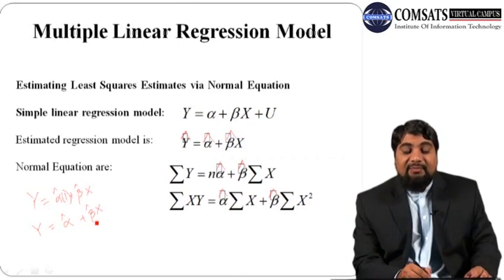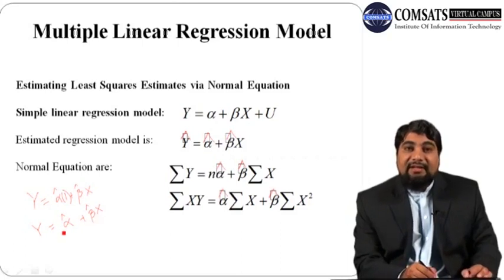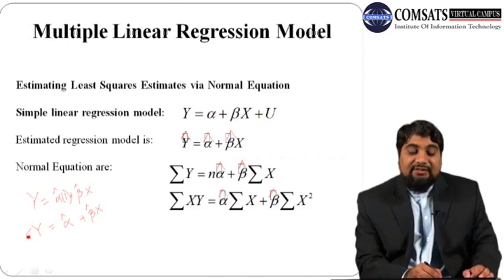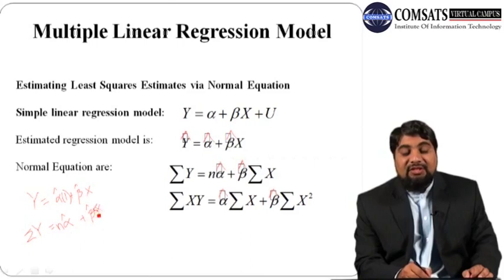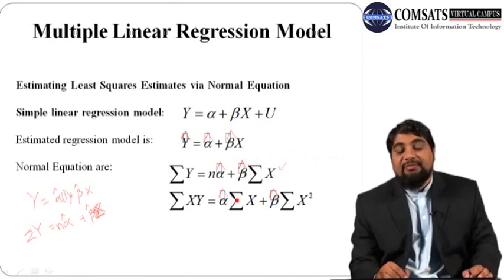Then take summation on both sides. The constant becomes n times when we apply summation, and we get summation x. So this is our first normal equation.